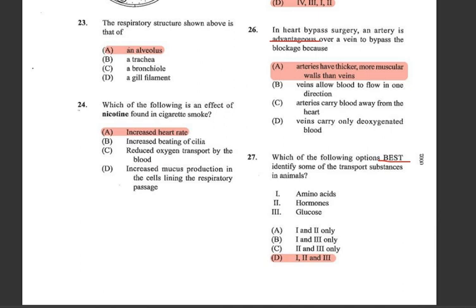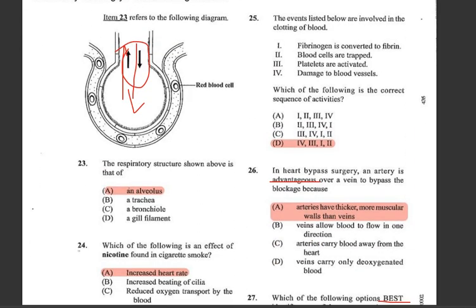Alright, number 25, moving along. It says the events listed below are involved in the clotting of the blood. First and foremost, before the blood starts to clot, we have damage to the blood vessel. Once the damage is done to the blood vessel, we have the platelets, and once the platelets are activated, we have the fibrinogen.